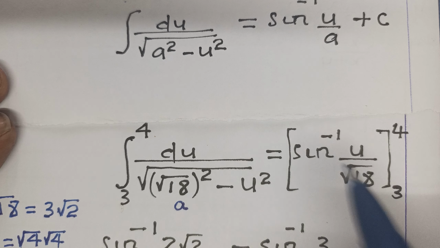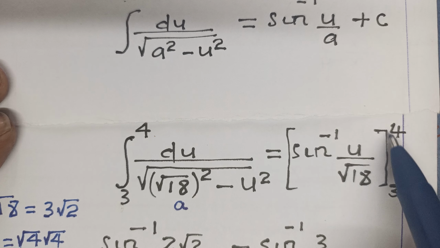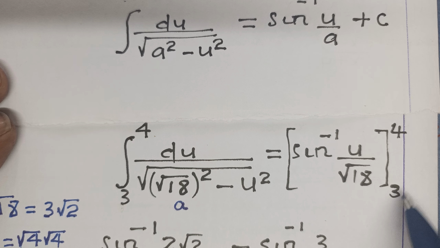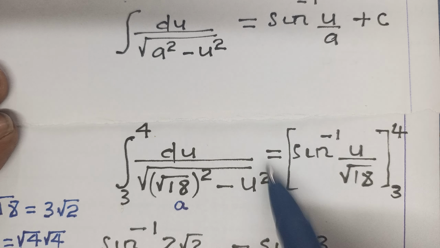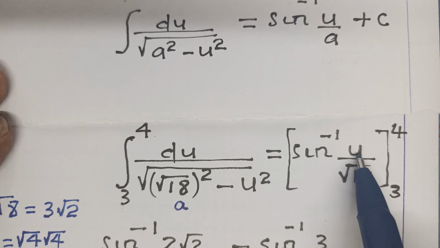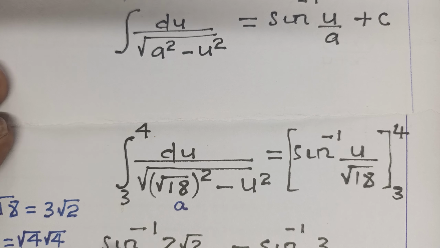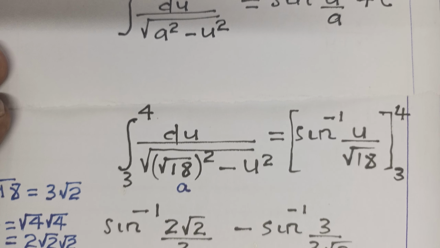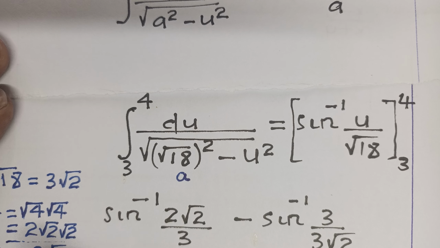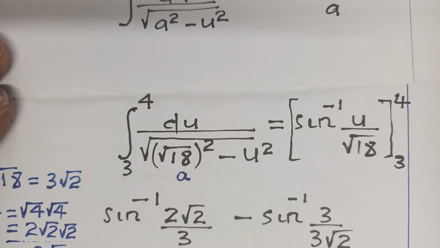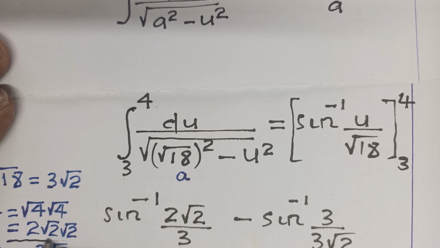Guys, now we can come and replace for the lower limit and the upper limit. First of all, we replace for 4 in this equation. So if we write u equals 4, as you can see here, we have 4 written in another form, which is now 2 multiplied by the square root of 2.